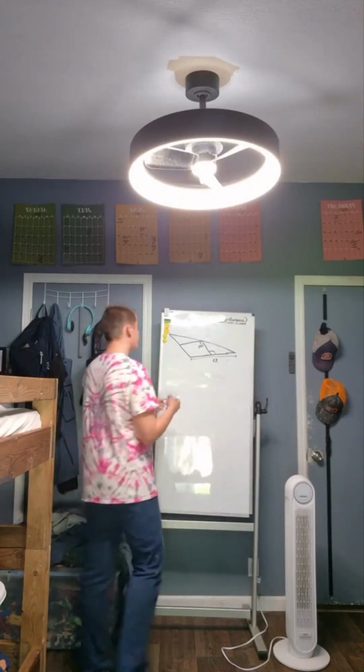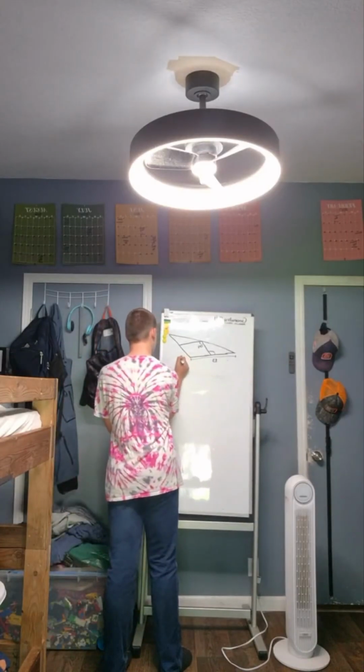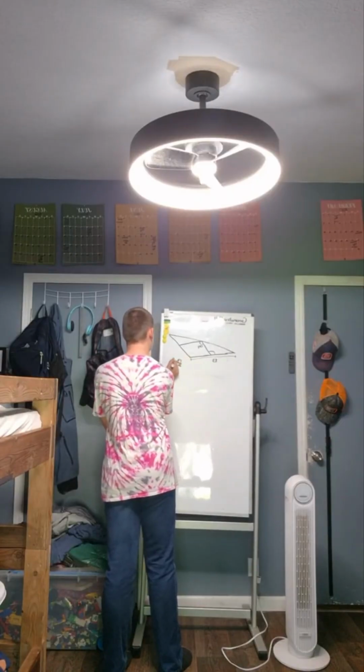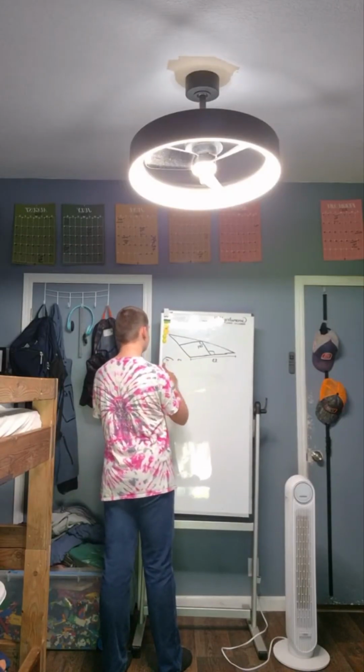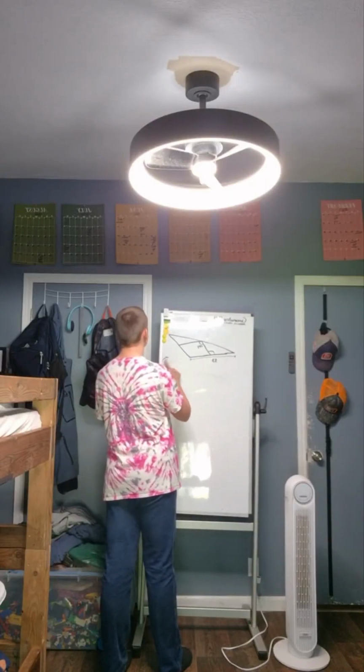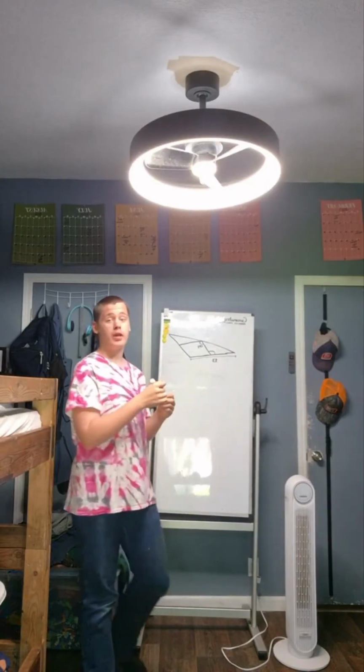So you just have to divide 13 by 2, which we get 6.5. So speaking of which, why do we get 6.5 from dividing 13 by 2?